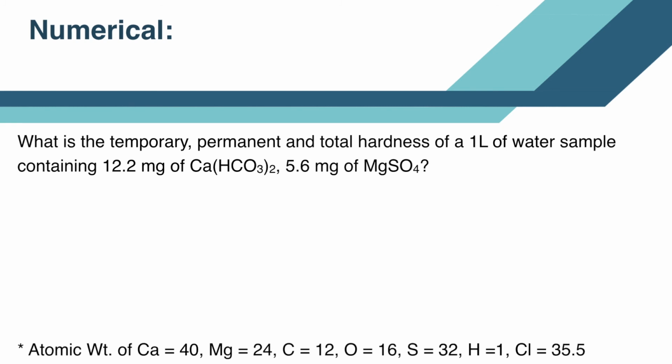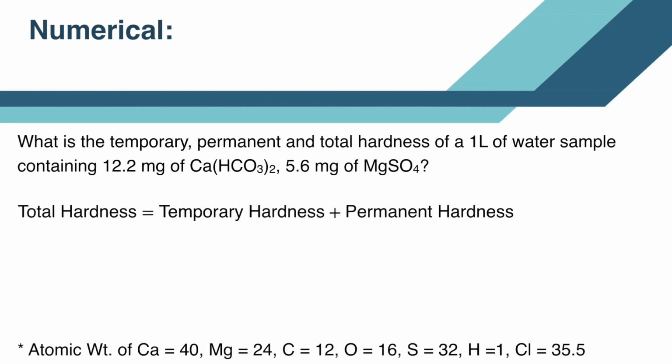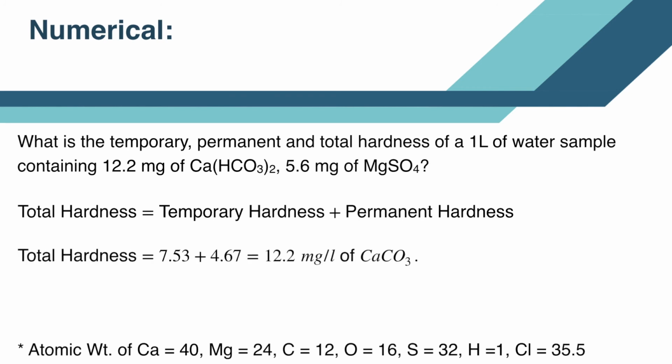Both are expressed in ppm of calcium carbonate equivalent, or you can say milligram per liter of calcium carbonate equivalent. If you want to know the total hardness present in your water sample, you simply add temporary hardness plus permanent hardness. So 7.53 plus 4.67 gives you 12.2 milligram per liter of calcium carbonate equivalent. That is the total hardness present in your water sample.